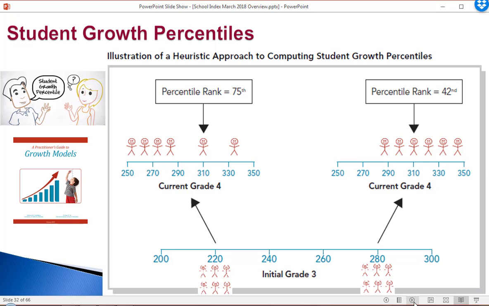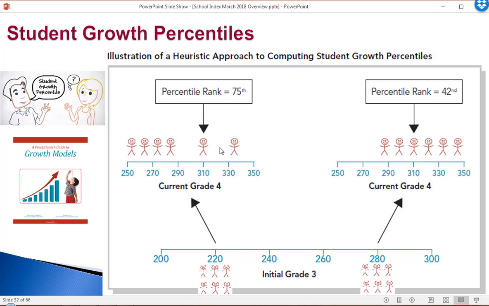For the M-STEP, what is most common is student growth percentiles. This doesn't utilize demographic information; it only uses previous test data. So take, for example, this whole group of students that scored around a 220 on the third grade test, and then when they took the fourth grade test, they varied from about 250 to about 335.